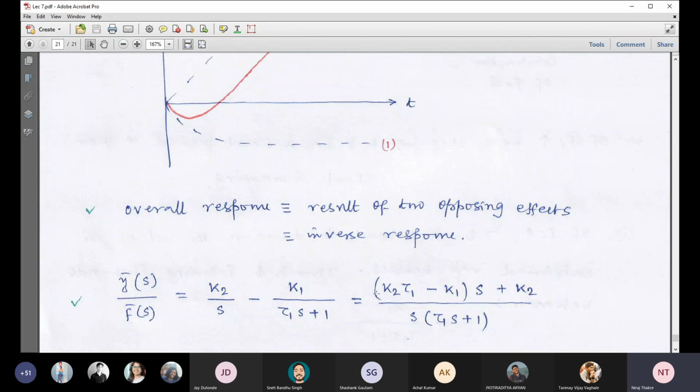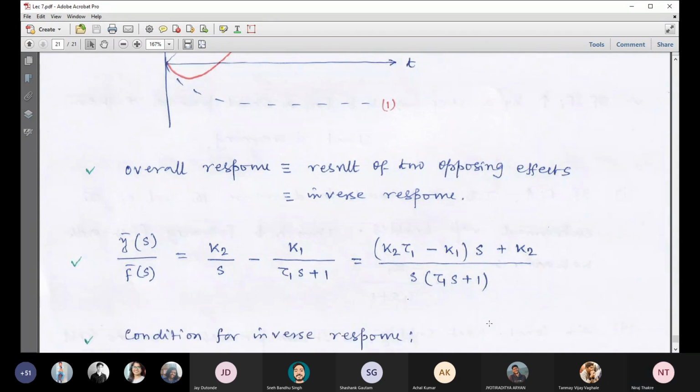One is in the numerator, another one is in the denominator. If we consider the numerator equal to 0, we get the roots called zeros of the system. Similarly, if we consider the denominator equal to 0, we get the roots called poles of the system.